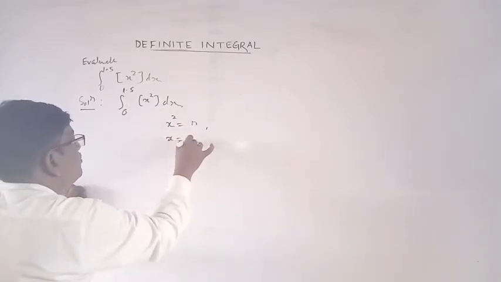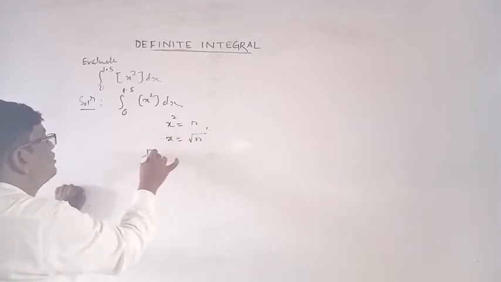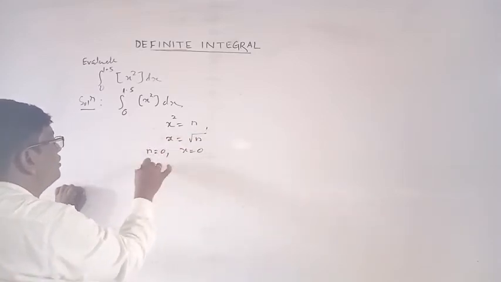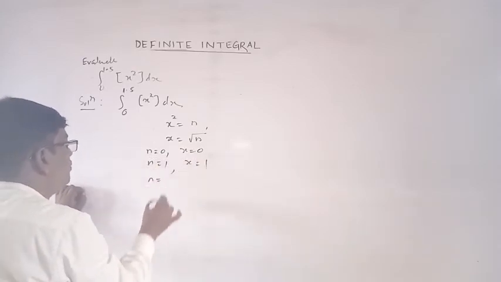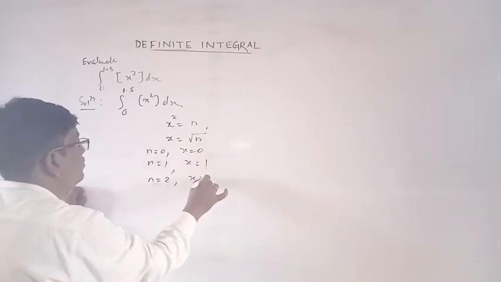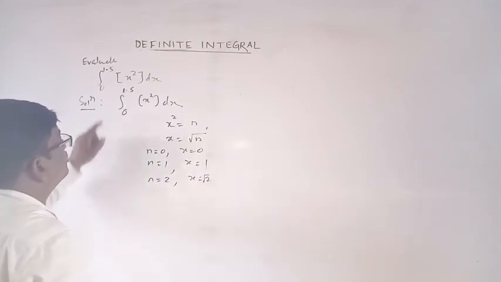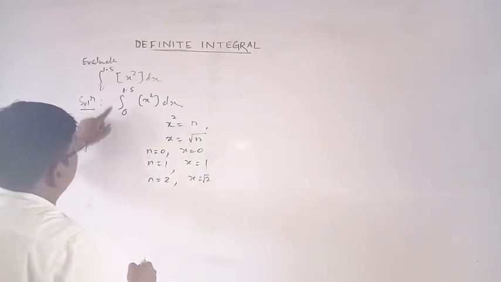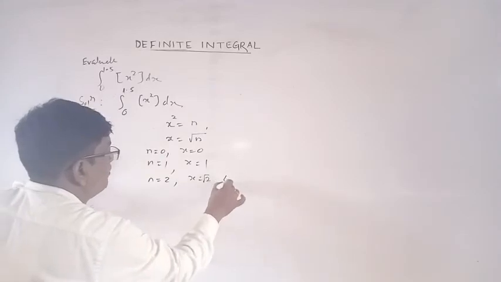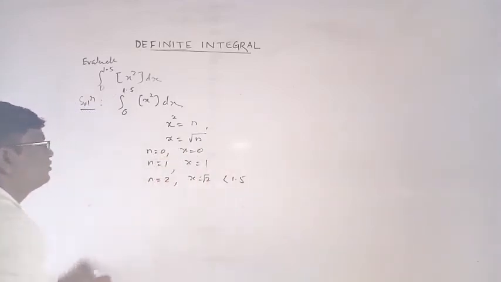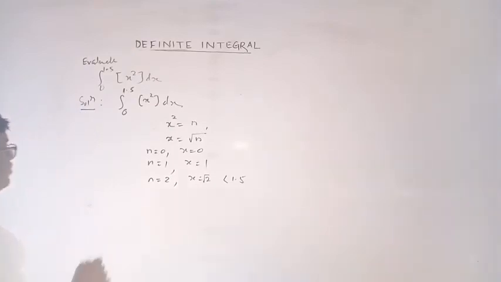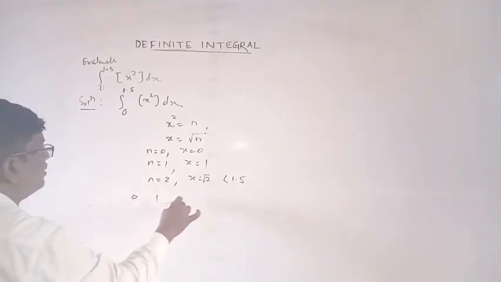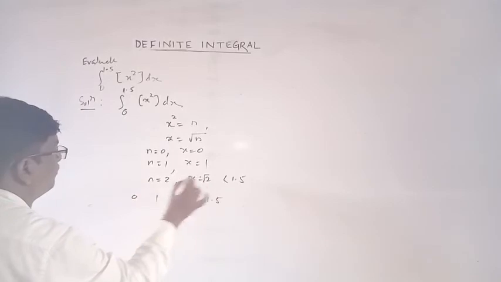So x is equal to root n. For n equal to 0, x is 0; n equal to 1, x is 1; n equal to 2, x is root 2. Does root 2 belong to 0 to 1.5? Root 2 is less than 1.5? So this is 0, this is 1, and root 2, then 1.5.